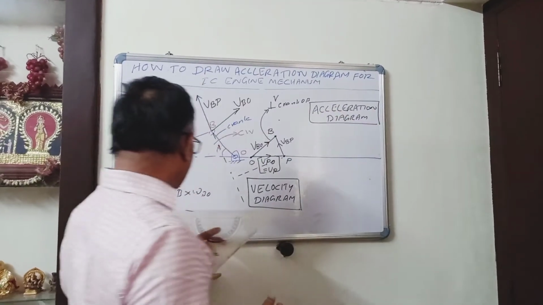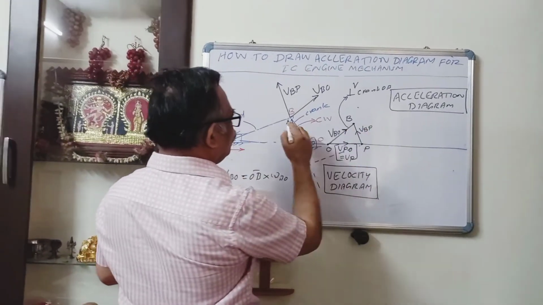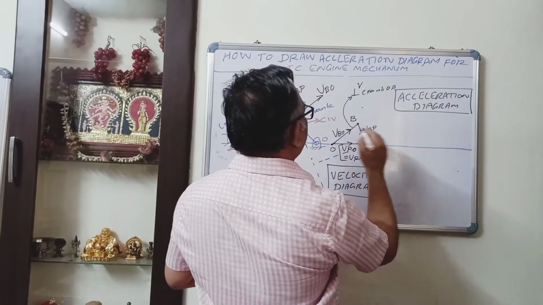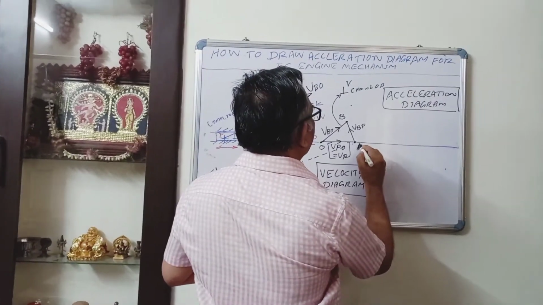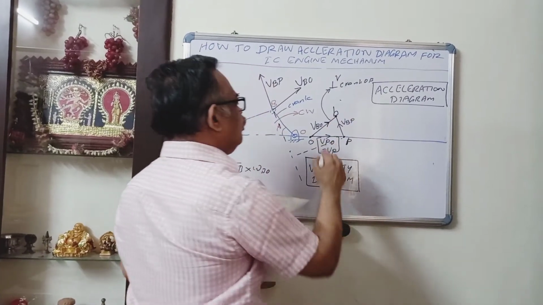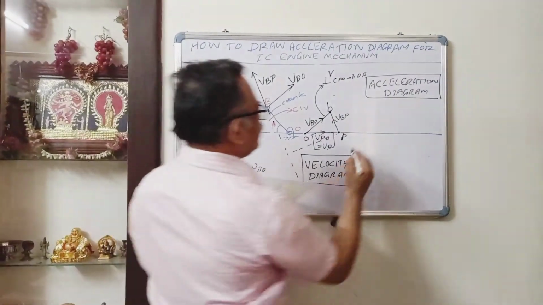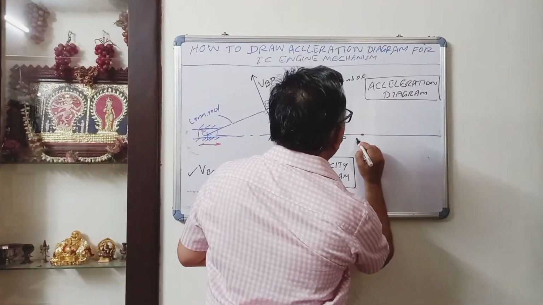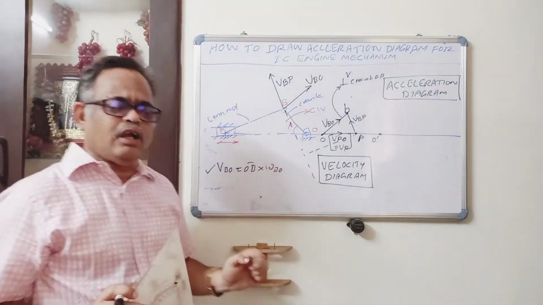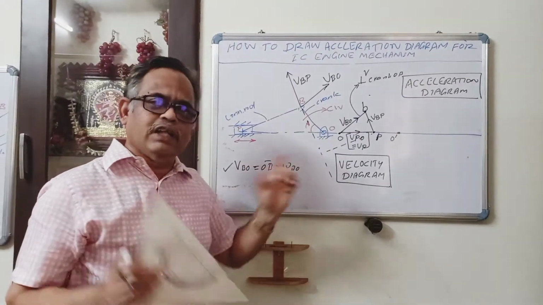As I told you, to find the acceleration diagram, what we should do? First of all, let us see. Now this is point O, this is small p, and this is small b. So let us now start the acceleration diagram with O dash. Whenever we start drawing a velocity diagram or acceleration diagram, we should always start with the crank only.